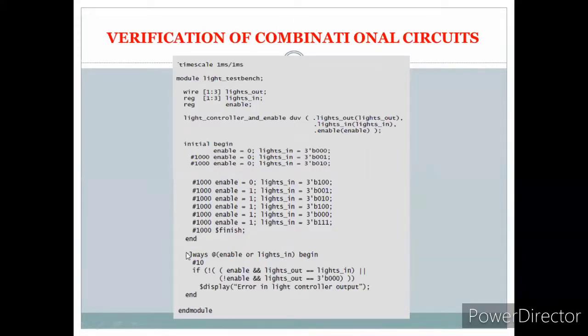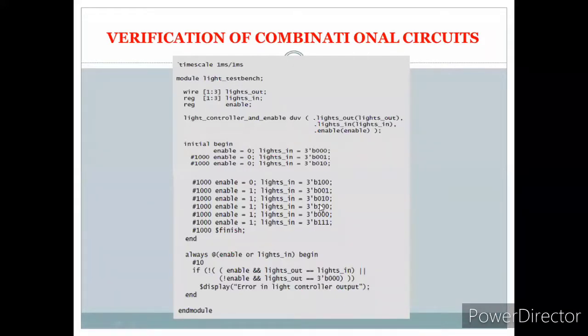Now to execute the program, always @(enable or light_in). First, it should sense the change happening at the input, whether enable is changing or the input is changing. If you observe here, enable is constant and input is changing. Once enable changes, after 4 values of enable as zeros, the 5th, 6th, 7th, 8th, 9th values are 1.